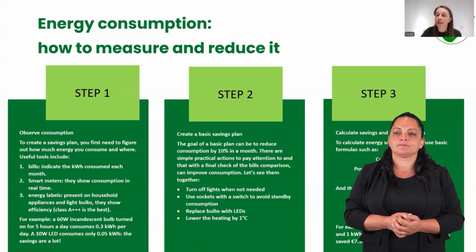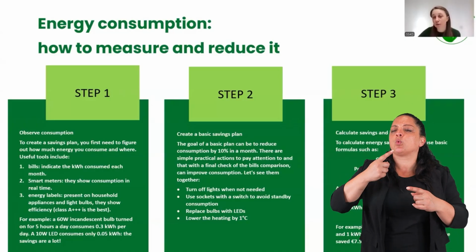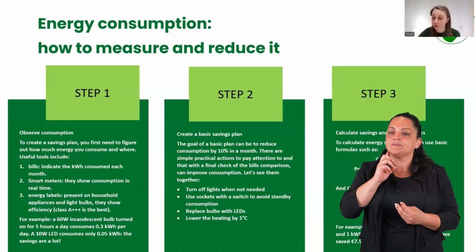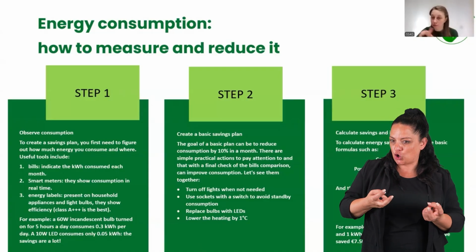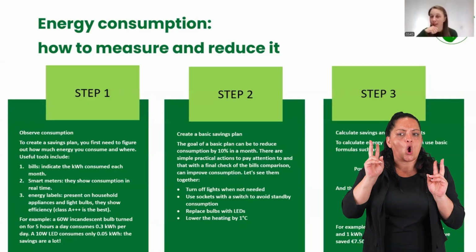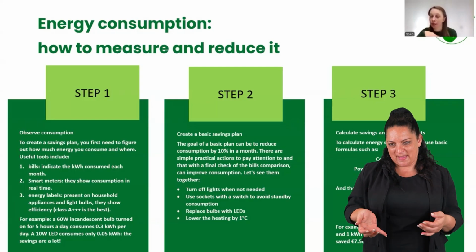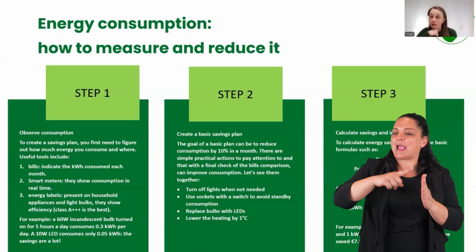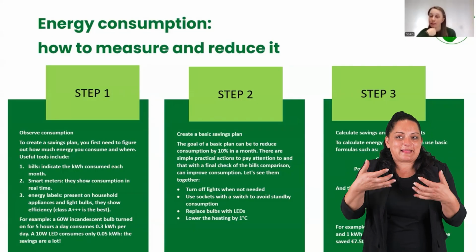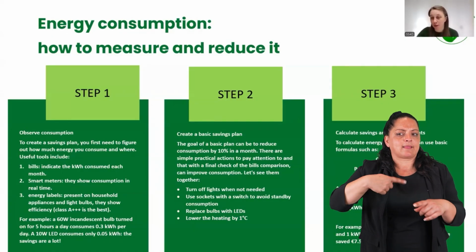Then step number 3 is to calculate how to save energy and how to improve our daily actions for saving energy. This is a really simple calculation when you make it and check it. It allows you to save kilowatt hours per month, for example, and you can also save money. So it has a double effect on your budget and on the environment.